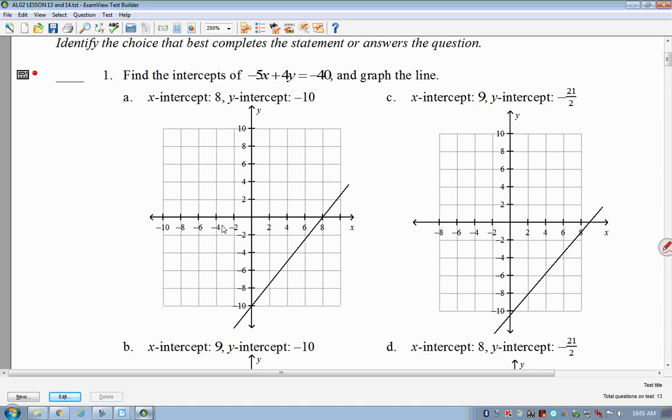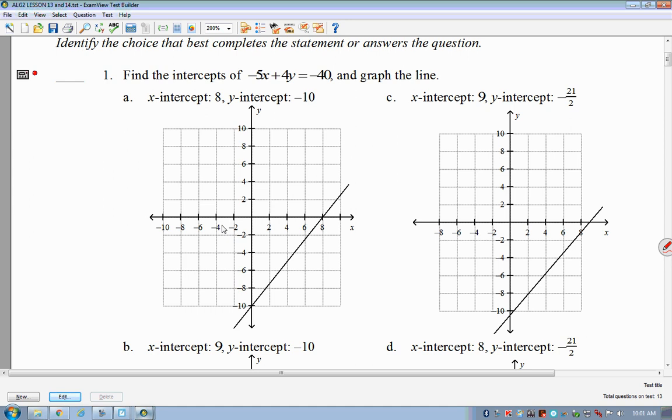All right, find the intercepts. So this one's the intercepts of negative 5x plus 4y equals negative 40. What did they say I needed to do to find the x-intercept? Make the y 0.